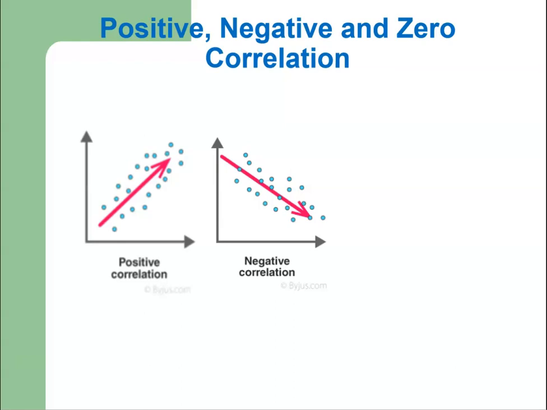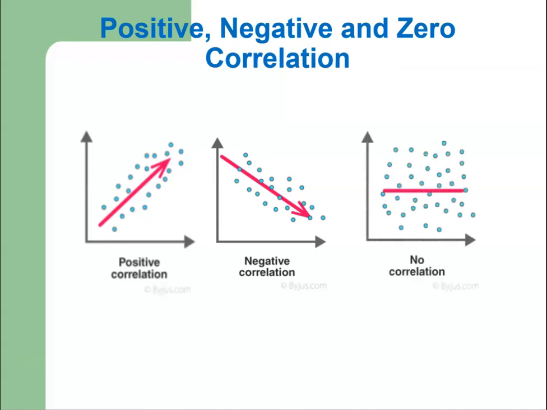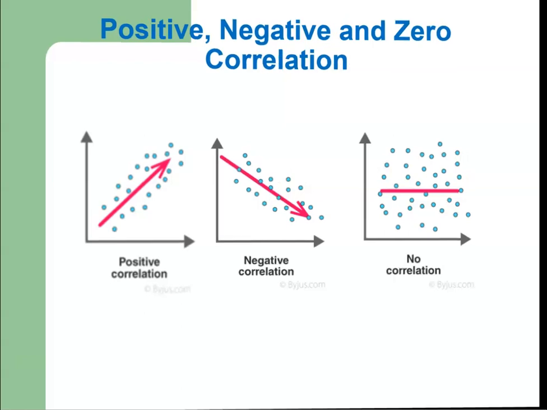If there is negative correlation between x and y, then the relationship between the two variables can be denoted by a negatively sloped line like that one shown as the red arrow sloping downwards. And if there is no correlation between x and y at all, then the straight line would be horizontal instead of positively sloped or negatively sloped line. So in that case, there is no correlation between x and y variables.